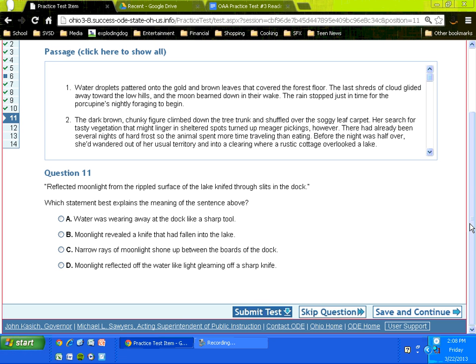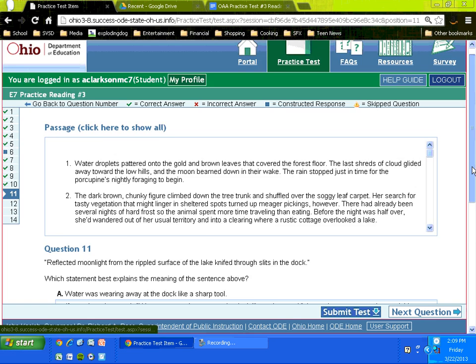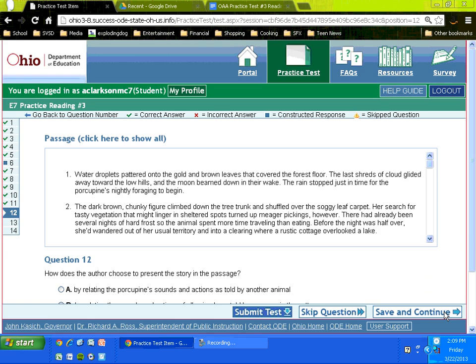That's right. There's no wearing away at all. It's all about the moonlight. So A is another one that should just go away immediately. Narrow rays of moonlight shone up between the boards of the dock sounds pretty close to Cody's description. And we're correct once again.